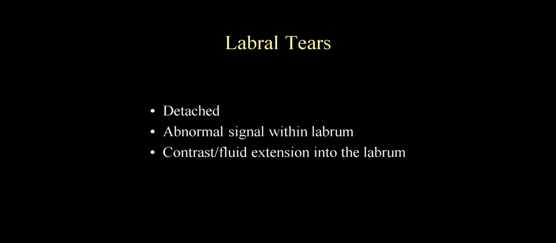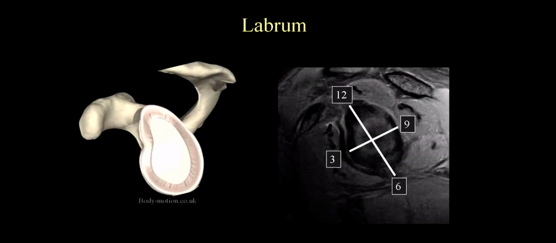The definition of labral tears is that the labrum is either detached, or there's abnormal signal within it, or there's contrast if you do an arthrogram, or fluid extending into the substance of the labrum. These are all what we consider to be labral tears.